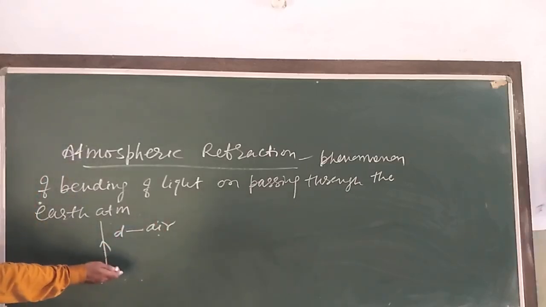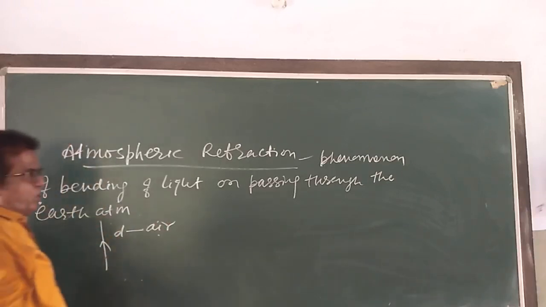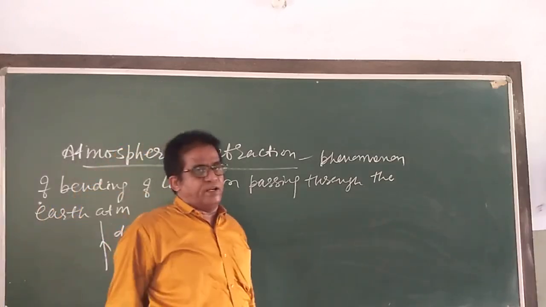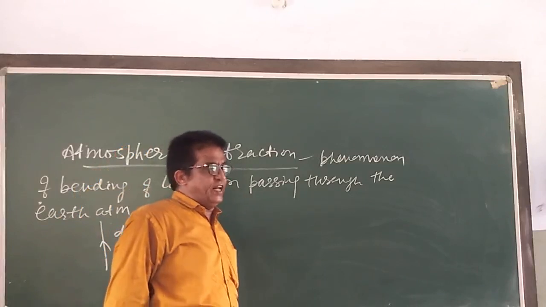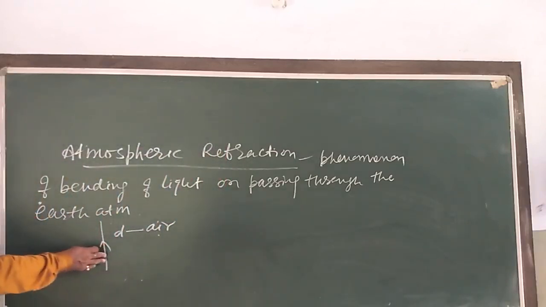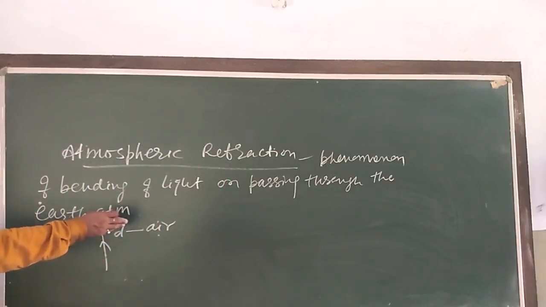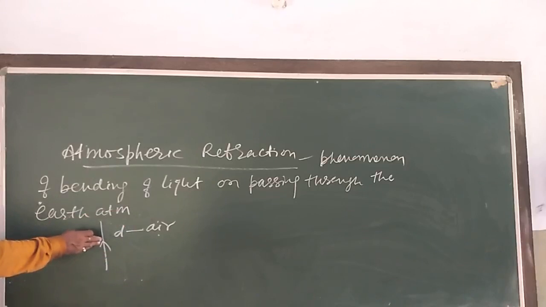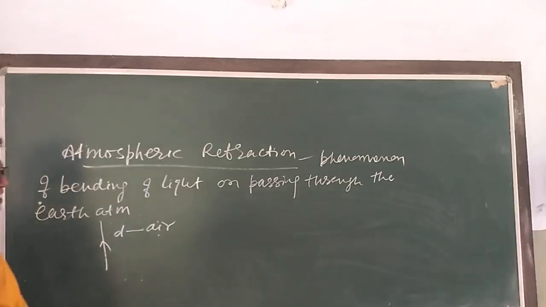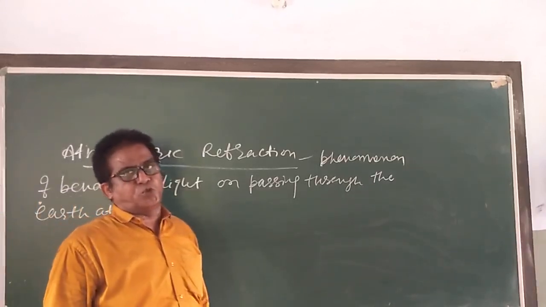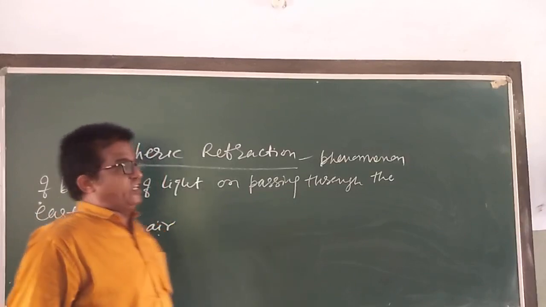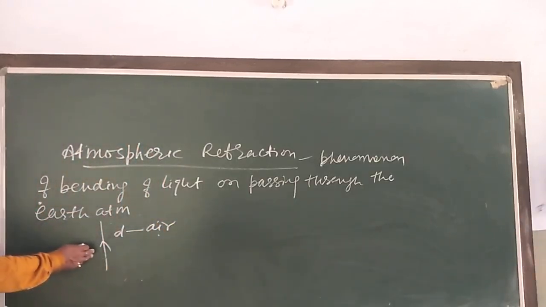The upper layers of the earth's atmosphere are rarer compared to the lower layers. Further, local conditions like temperature also affect the optical density of the earth's atmosphere. Temperature also changes the earth's atmosphere.